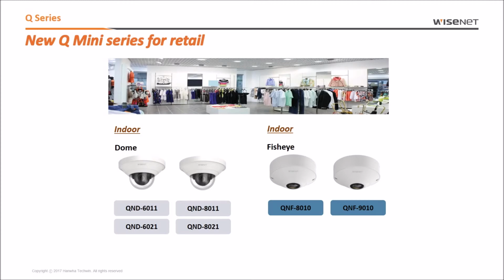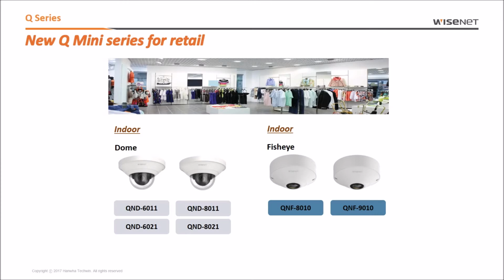As you can see, the design of the camera, the size of the camera, is really tiny and compact. So it will be really suitable for small retail shops and some convenience stores. We have two different types of Q Mini series, which are dome and fisheye.